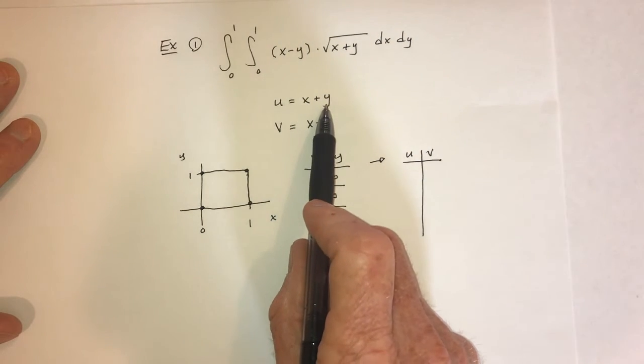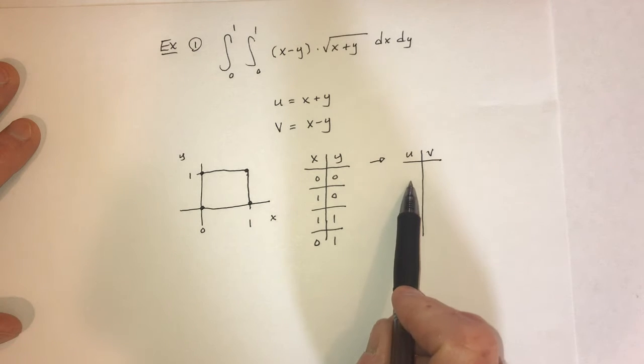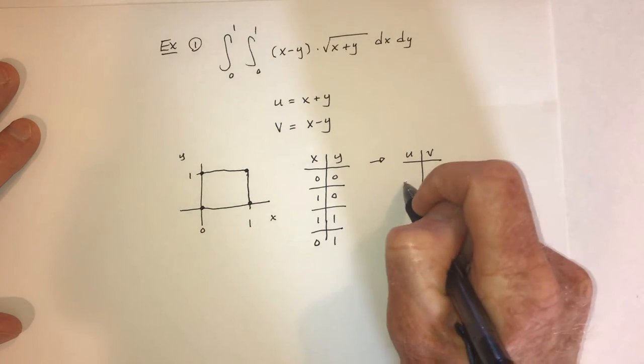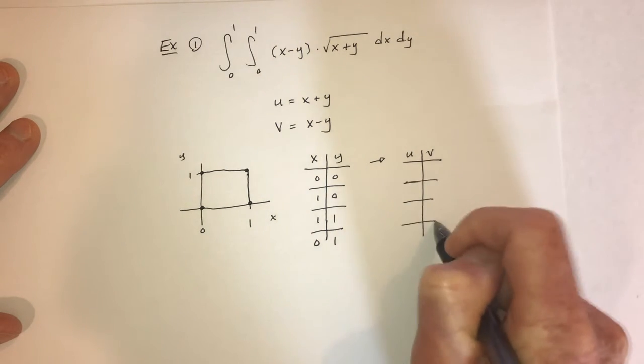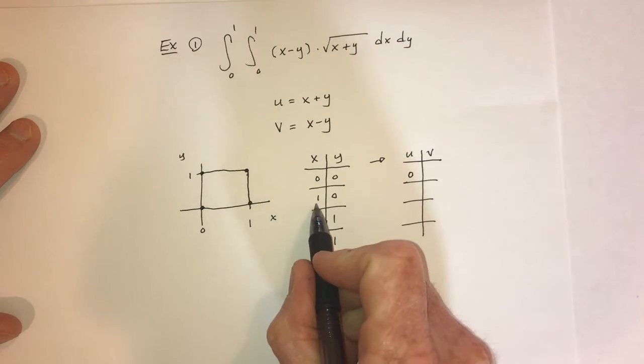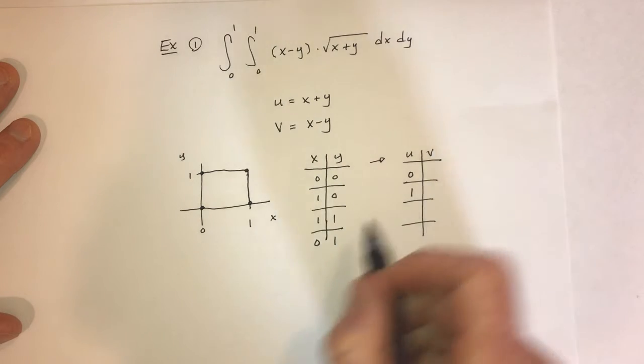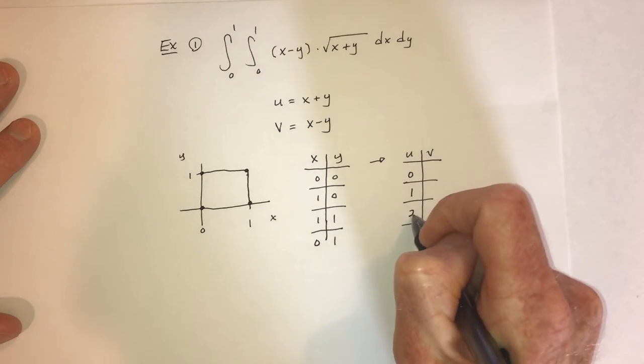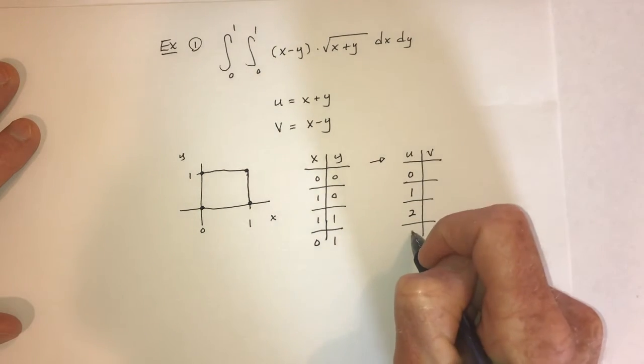So u is always going to be adding the two together. So I'm just going to fill out this u column right here. So for u, you just add them together. So 0 plus 0, 1 plus 0, 1 plus 1, and 0 plus 1.